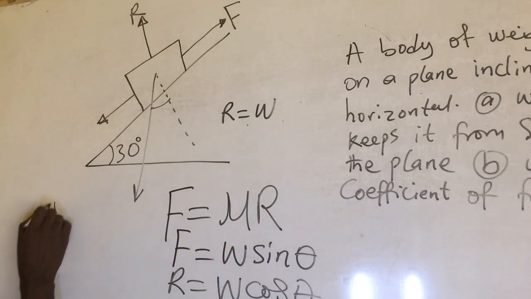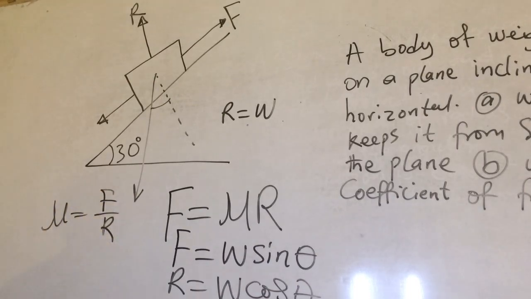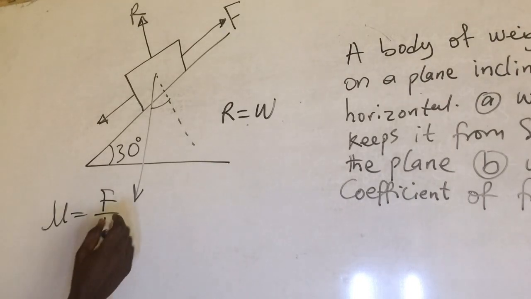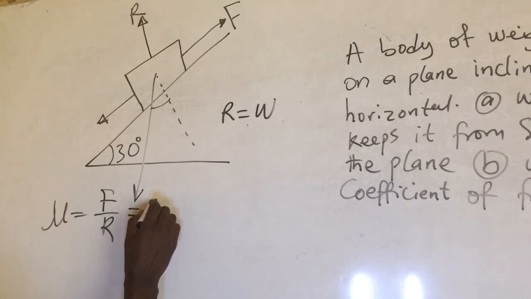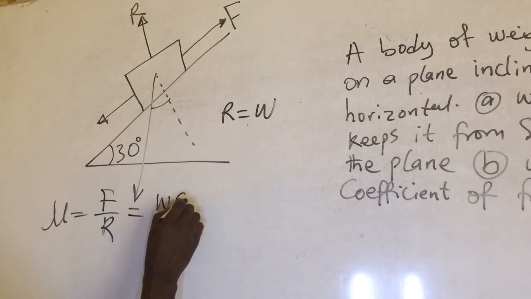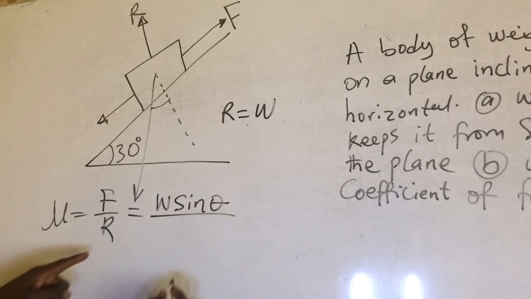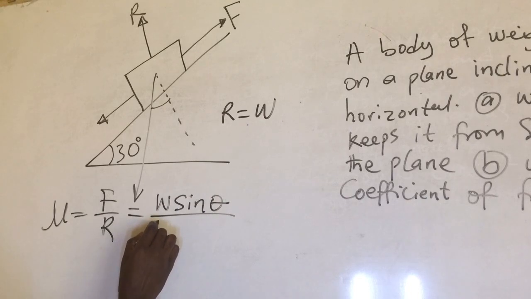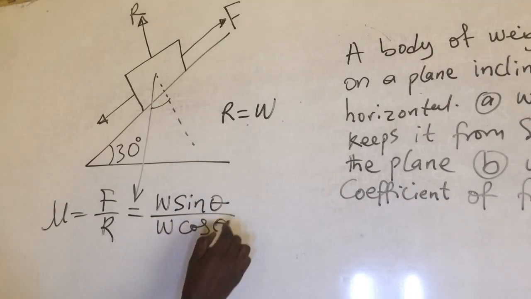We can use the coefficient of friction equals F over R. We can calculate F as W sine theta and R as W cos theta.